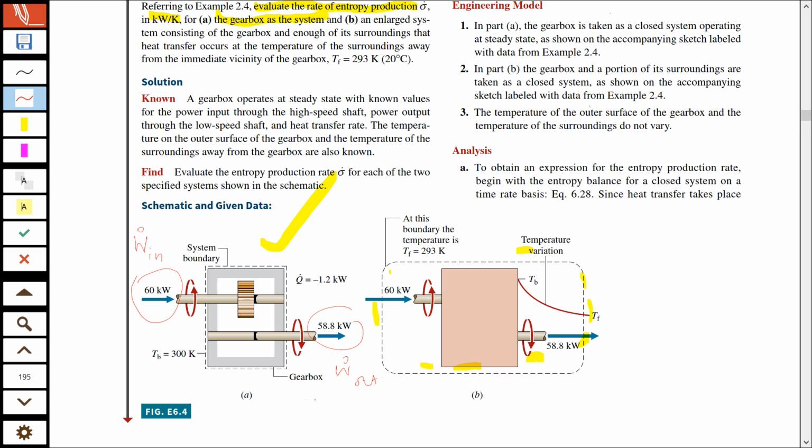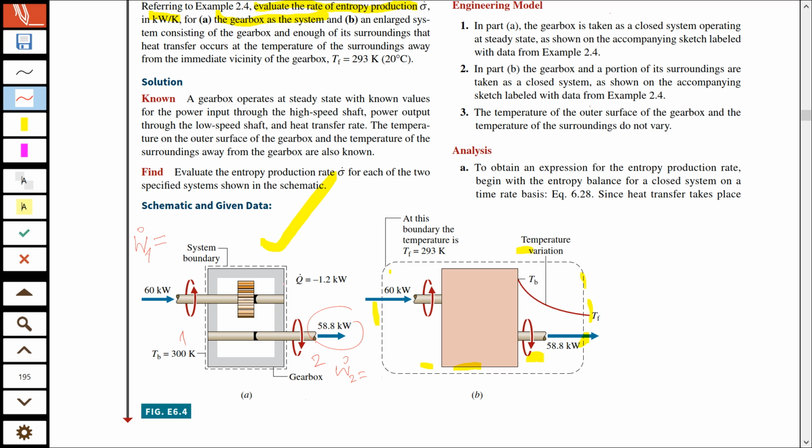Maybe instead of writing in or out, we can just label the inlet and exit. So let's label the inlet as 1, and the exit as 2. So it's W1 dot equals something and W2 dot equals something.